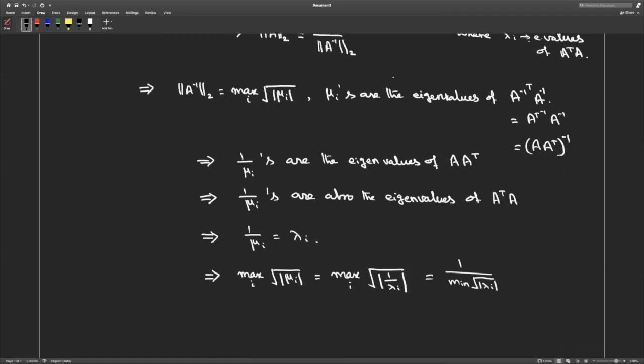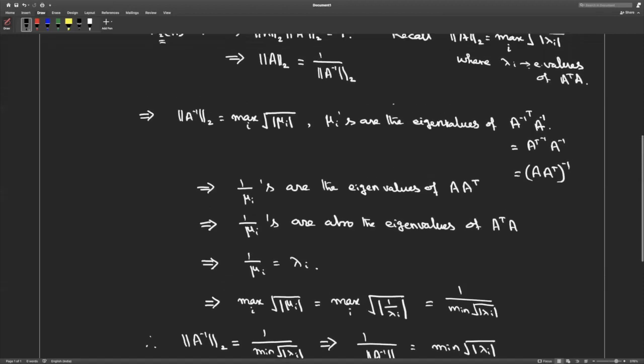Therefore, we can say that norm A inverse is equal to 1 by the minimum of root mod lambda i. And that implies that 1 by norm A inverse is the minimum of root mod lambda i.